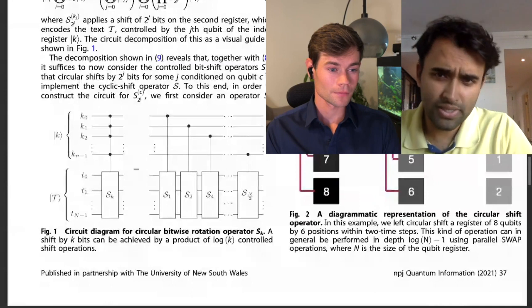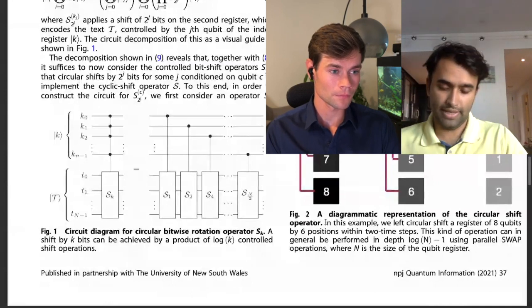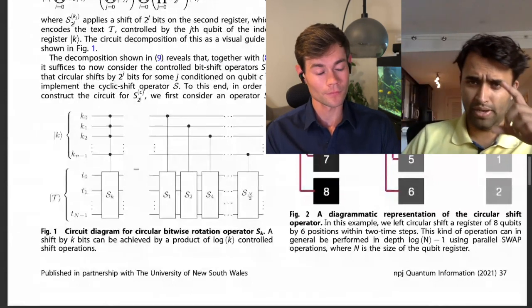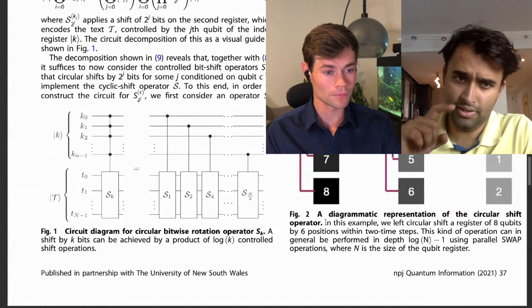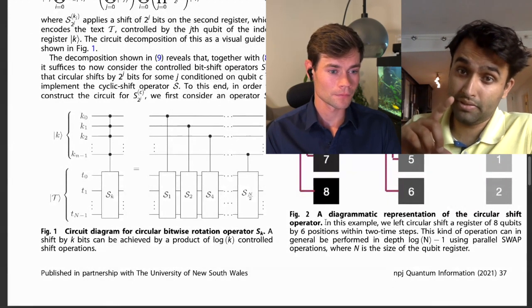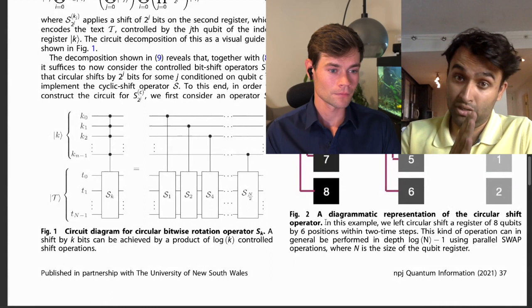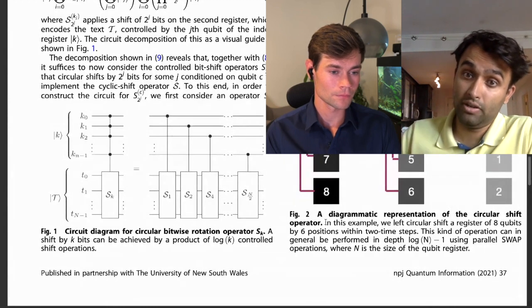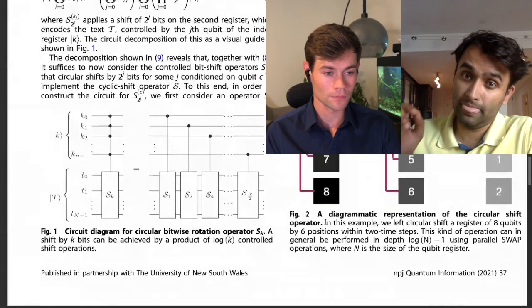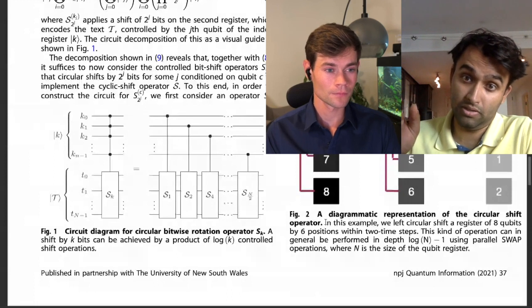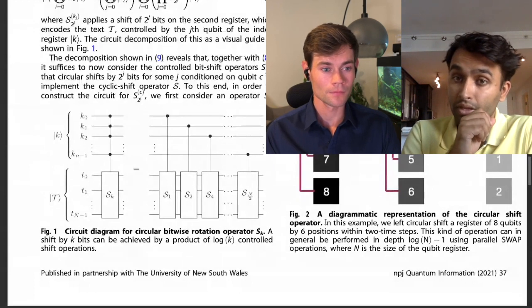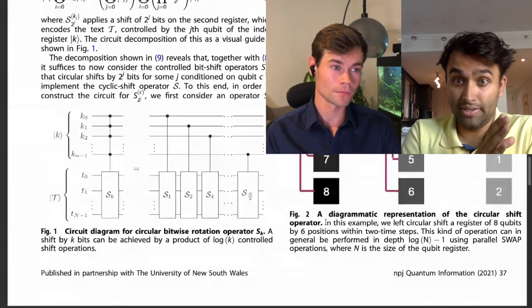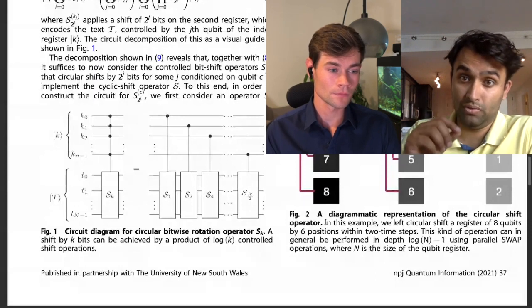Yeah. So what's happening here is that I have a string of n bits, and I want to turn that into a superposition where each state is shifted by a number. And I want to do that in a single operation.